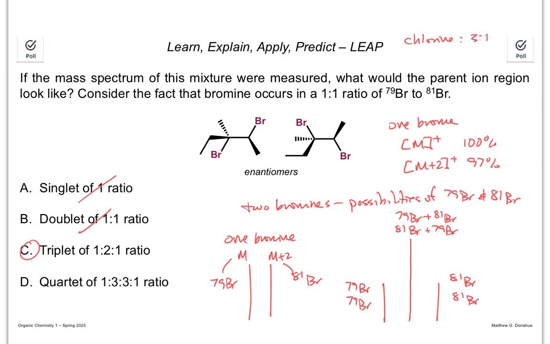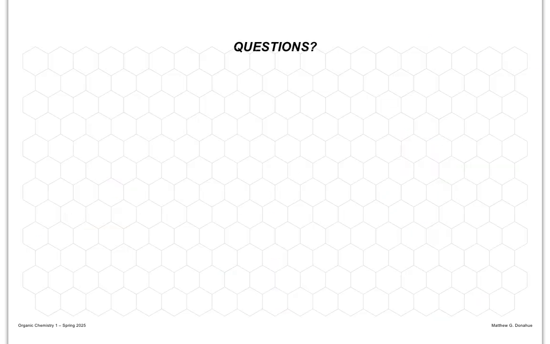Bromine's nice because the ratio is 1:1. You can just use some logic, but with 3:1, if you incorporate two chlorines into a molecule, those subsequent parent masses will have some pretty wild-looking intensities. Questions?